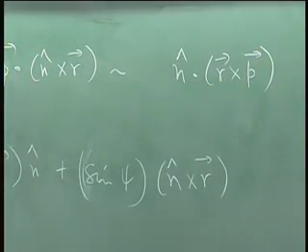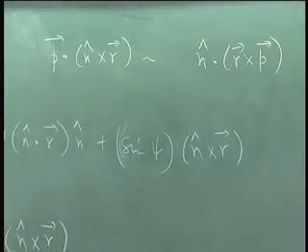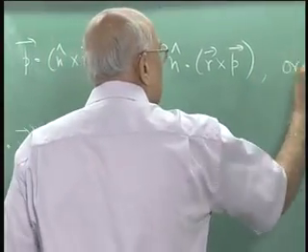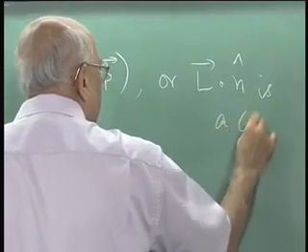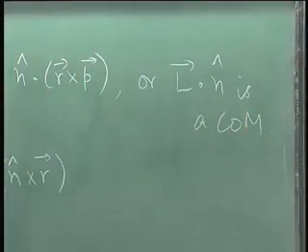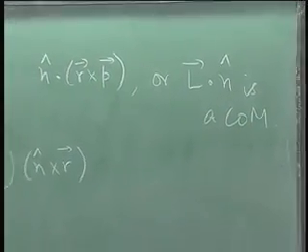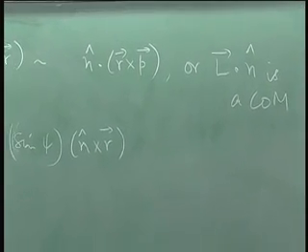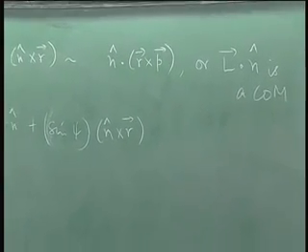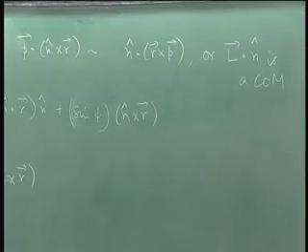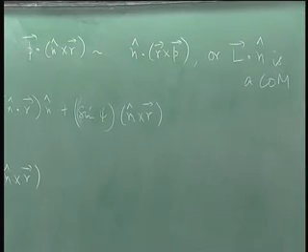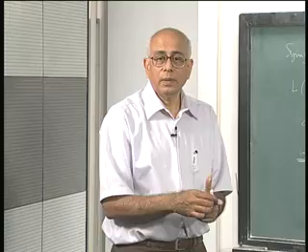You do a cyclic permutation to this, or L dot n. The component of the angular momentum about the direction of rotation is constant. But this is true for every n. I could have chosen any arbitrary n, therefore angular momentum is constant.